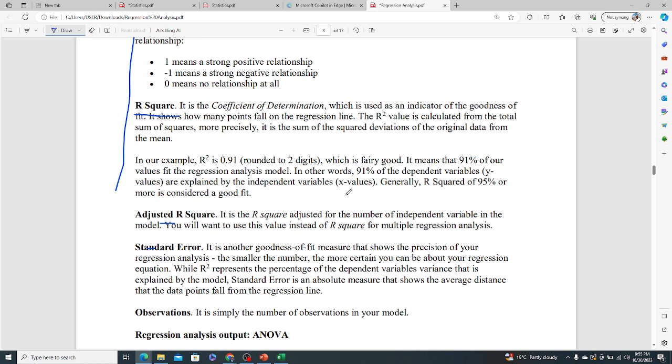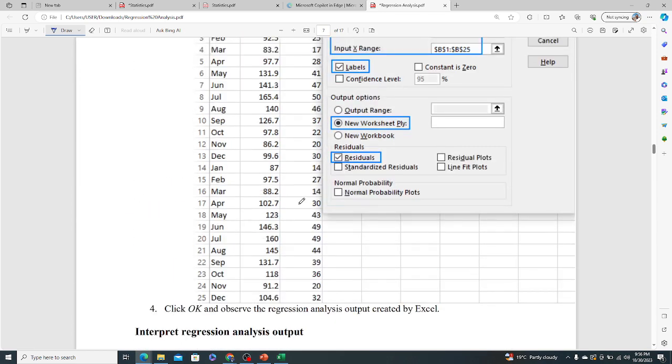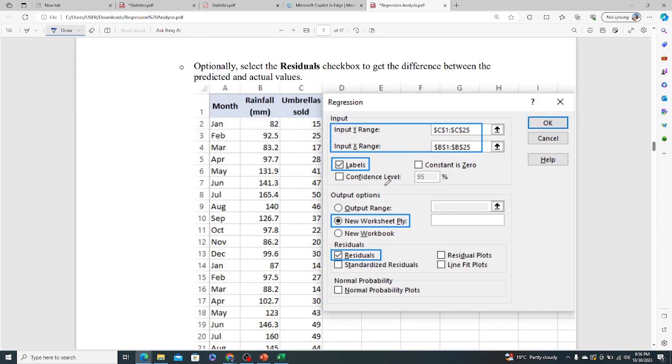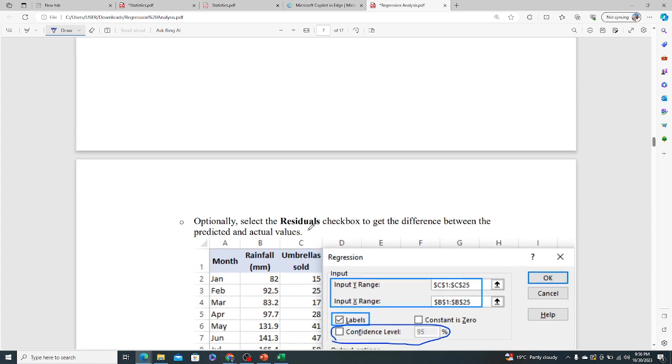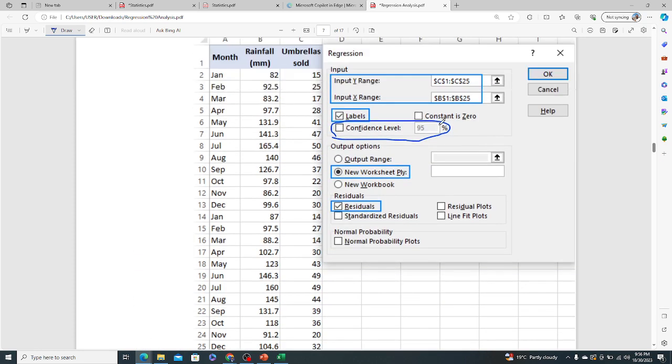For normal research it is always 95. When we are talking about a medical experiment, we talk about 99%. And I guess it's only 95 and 99. So we shall talk also about that, because before we run these outputs, we'll also discuss the confidence interval and level. For that, allow me to discuss it tomorrow.